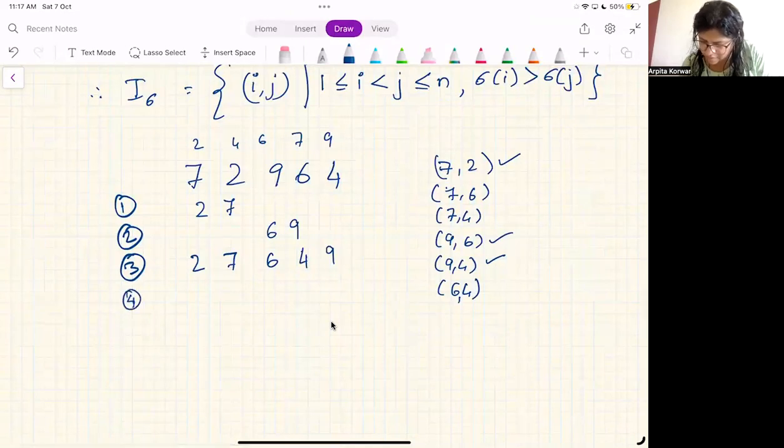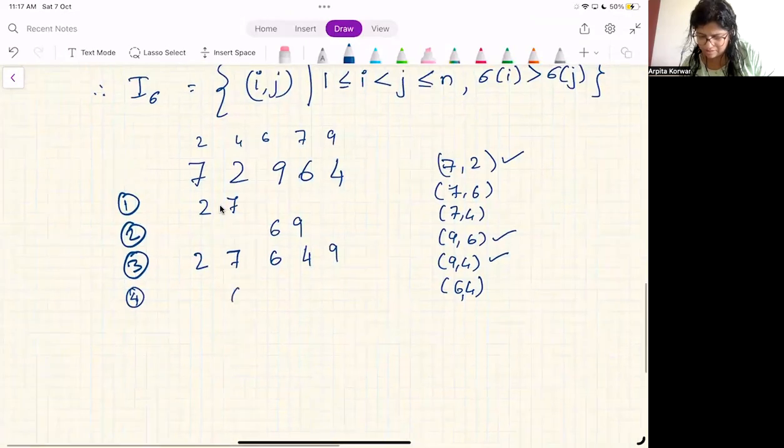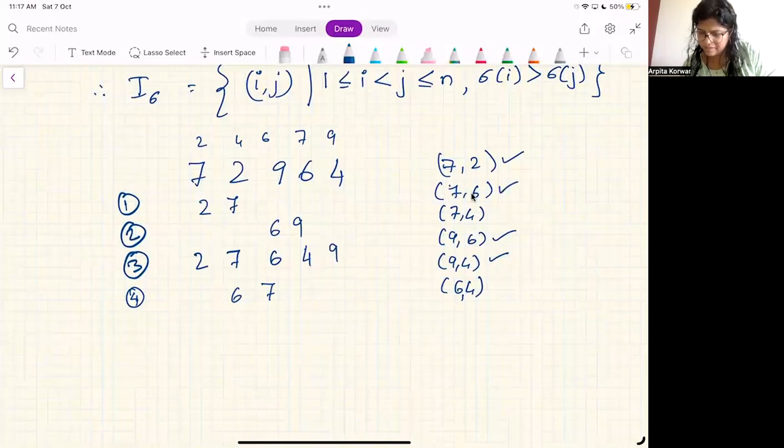2 is less than 7. 7 is greater than 6, so you exchange this. Now 7 and 4, 7 is greater, so you are setting this straight.